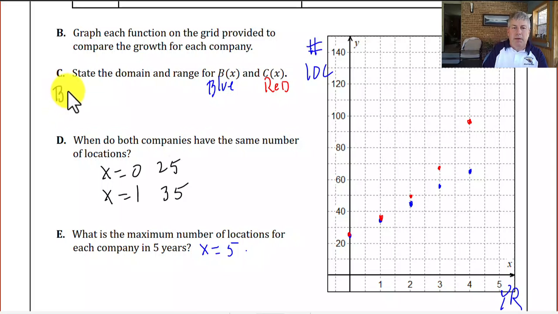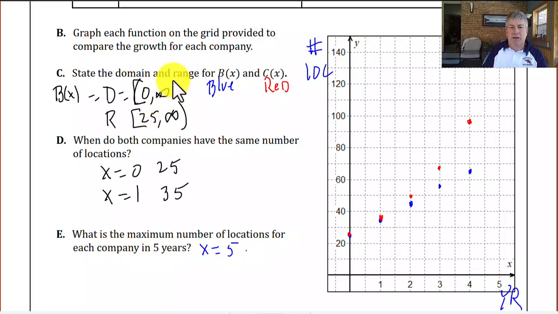State the domain and range for b of x and c of x. So b of x has a domain from our x's start at 0, and they can go to infinity. And our range starts at 25, and that also can go to infinity.